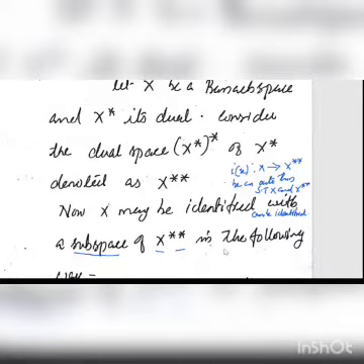Identified means we want to prove an onto isometry with the condition norm of I_x is equal to norm of x. If this condition holds, we will say that these two spaces can be identified.